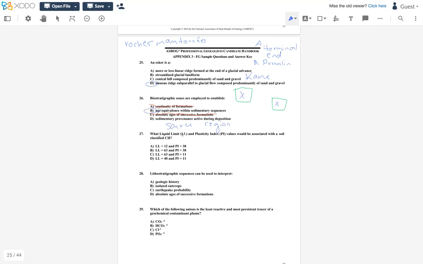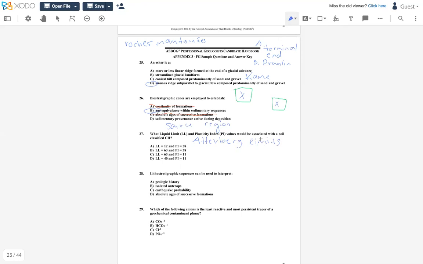27, what liquid limit and plasticity index values would be associated with a soil classified CH? All right, so these are called, let's see if I can spell this correctly, Atterberg limits. I think that's how you spell that.